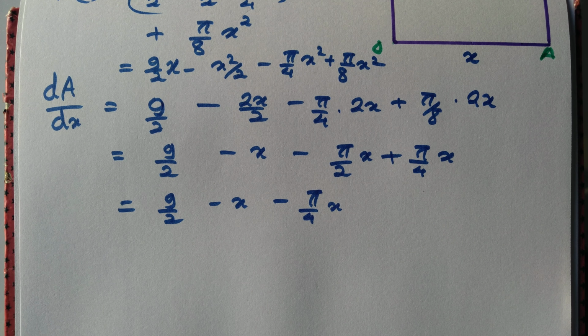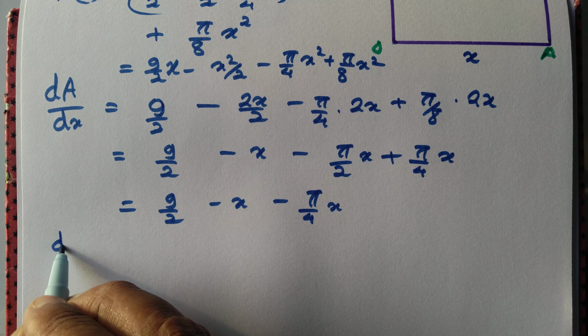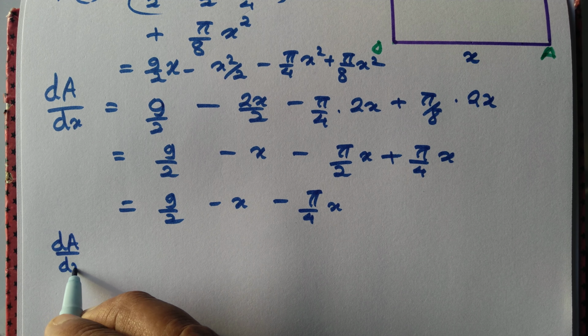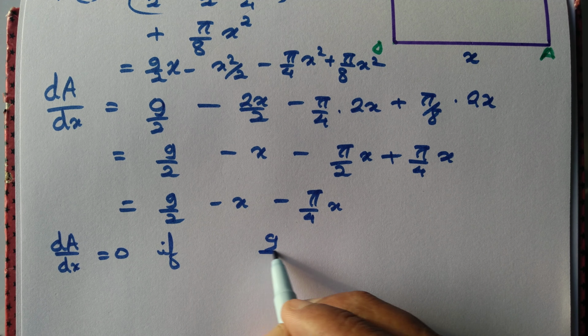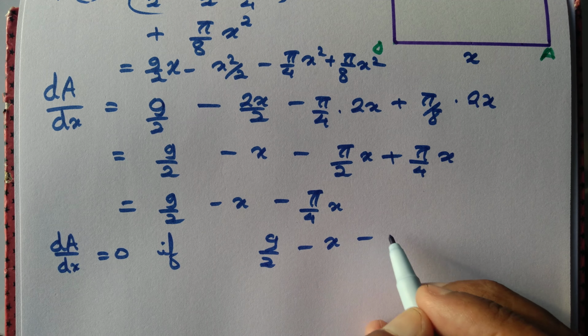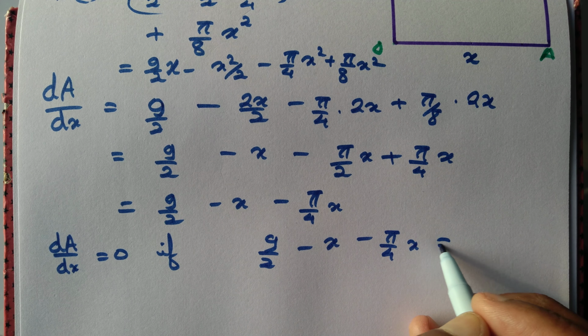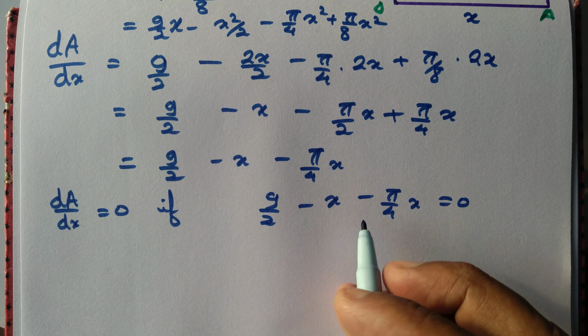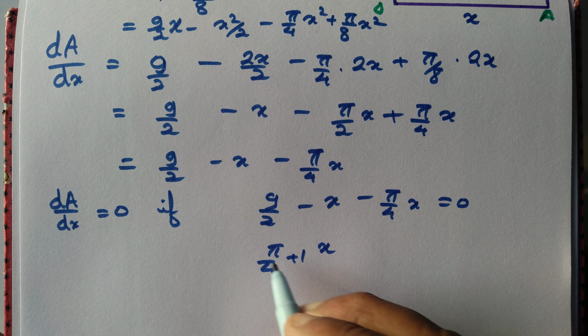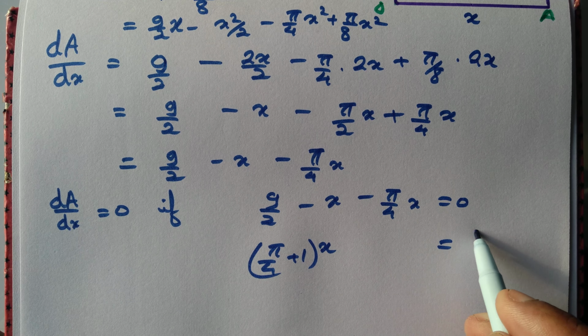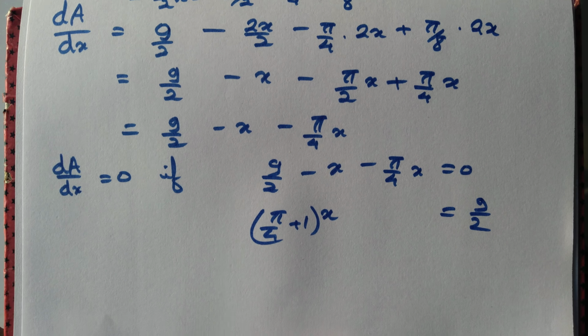Okay, as we said, we want the derivative to be equal to 0 if we want the maximum value. So dA/dx equals 0 if 9/2 minus x minus (pi/4)x equals 0. That can be written as, we take x common, (pi/4 + 1) equals 9/2.